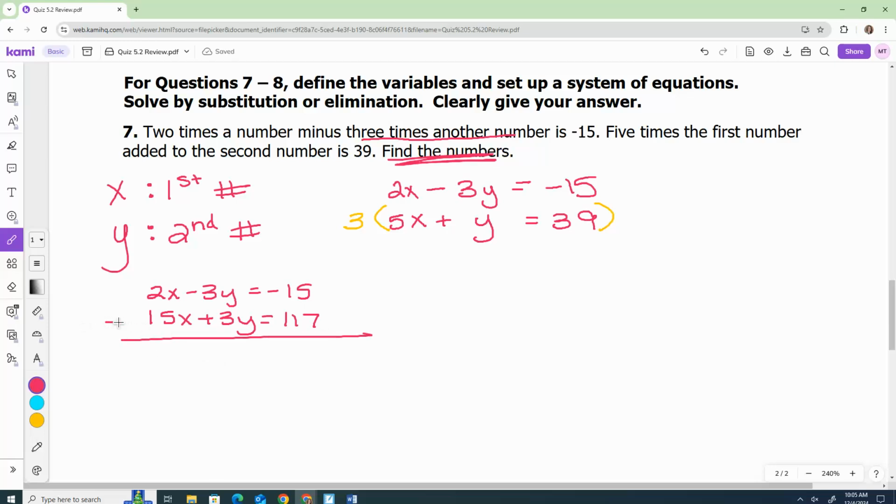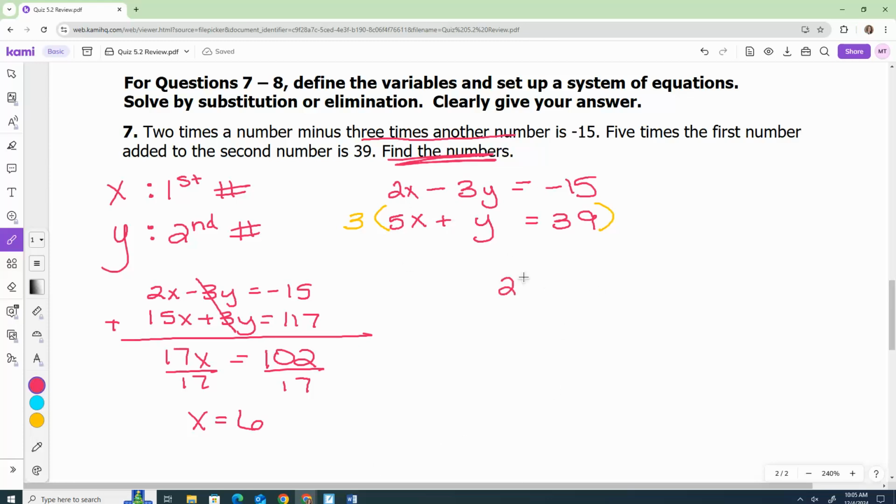So if we add these together, 2x plus 15x is 17x. Negative 3y and positive 3y cancel. Negative 15 plus 117 is 102. Divide by 17, and what do we get? Okay, we need to find y, so we can plug it back into either one.